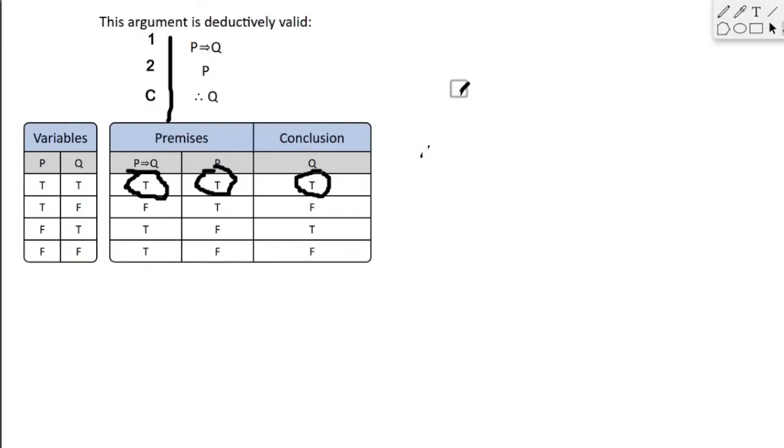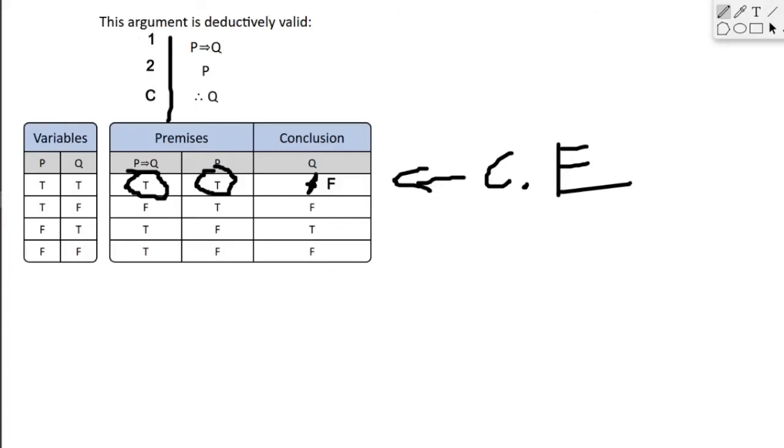If, for some twist of fate, this guy was false, this would be an invalid argument. This would be a counterexample. So it's basically the if-then one. Yes, this is modus ponens.